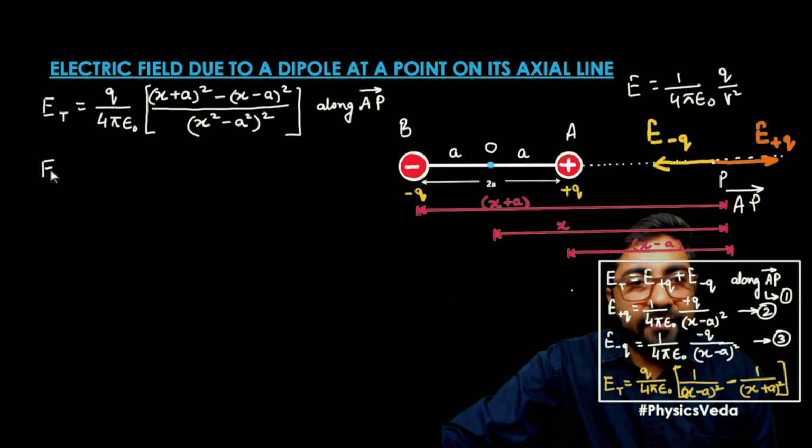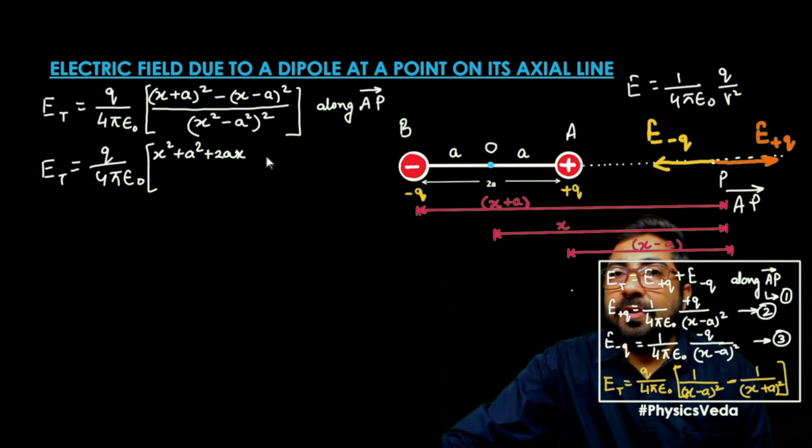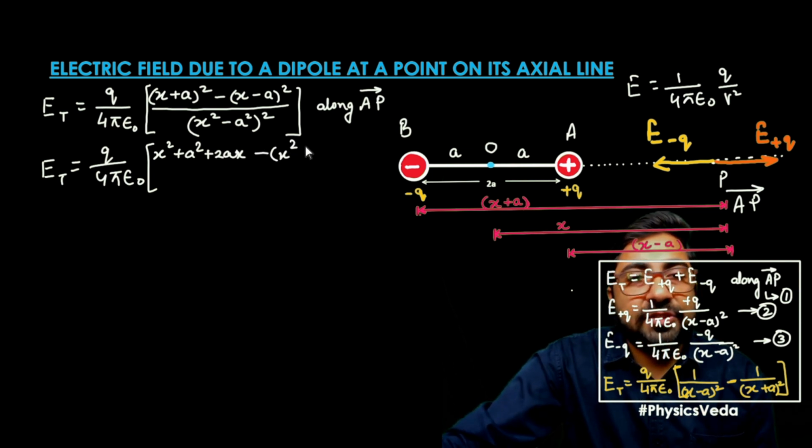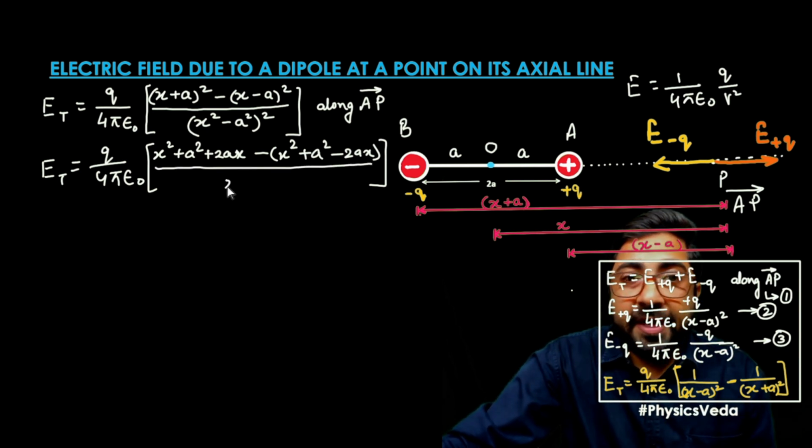The total electric field E total is equal to q upon 4 pi epsilon naught. Now open the whole squares: x square plus a square plus 2ax, minus x square plus a square minus 2ax.